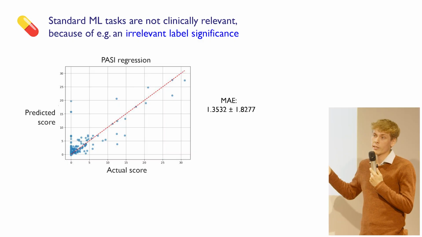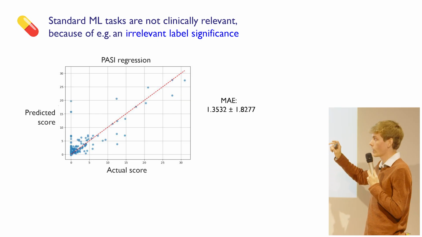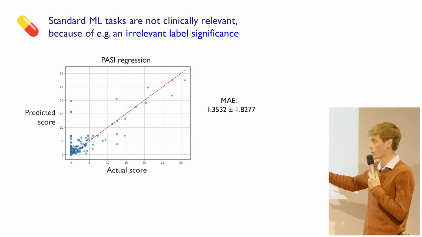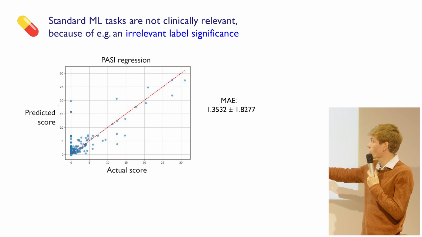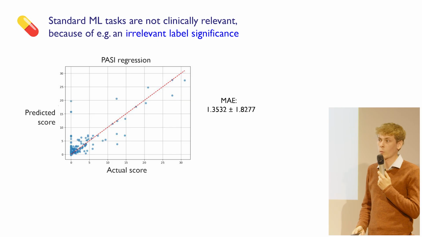Then a standard machine learning task that we can do is the regression of the PASI score. So this is without any operations on the labels and such. So we have a regression with a mean absolute error of 1.3 and with a standard deviation that's quite high, of 1.8.